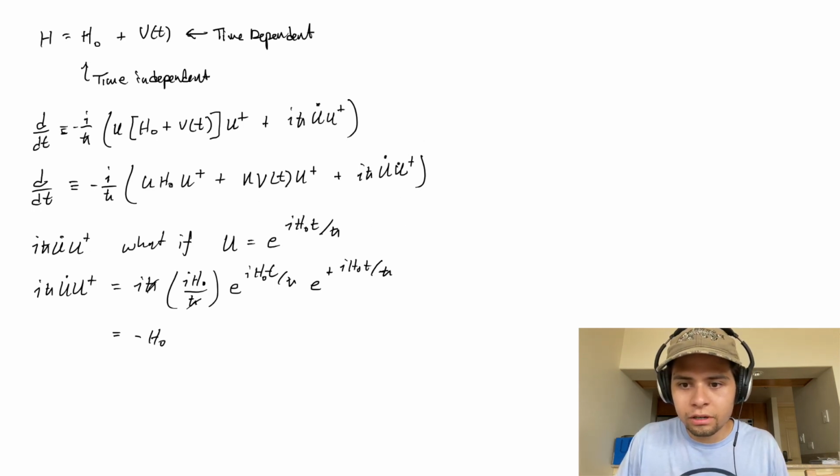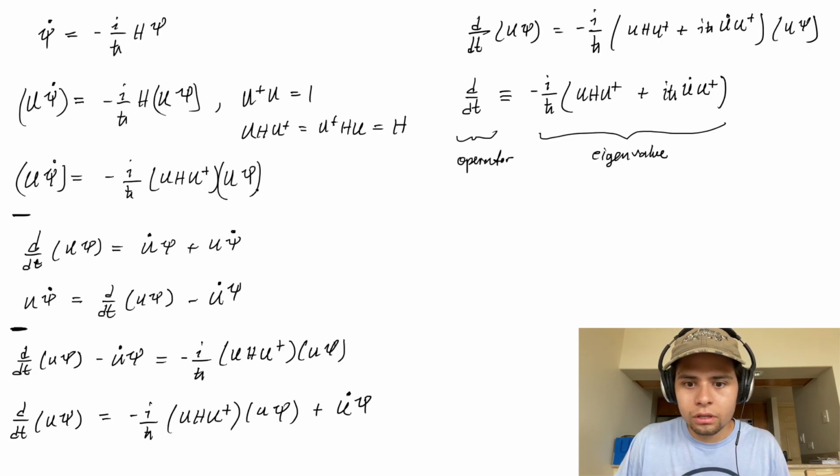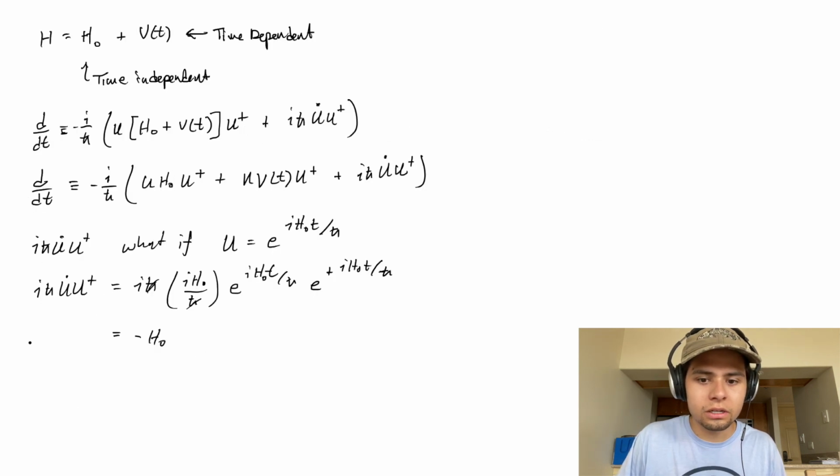So this here is H naught, this here is H naught, right? Because if we remember from right here, any Hamiltonian sandwiched in between these two unitary operations is just a Hamiltonian itself again.